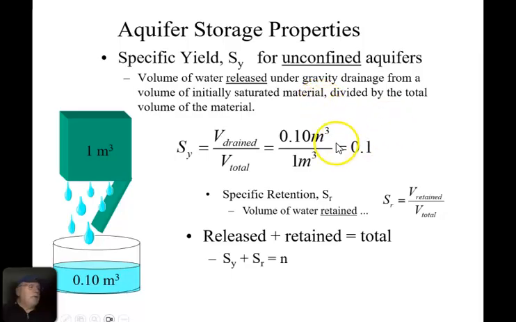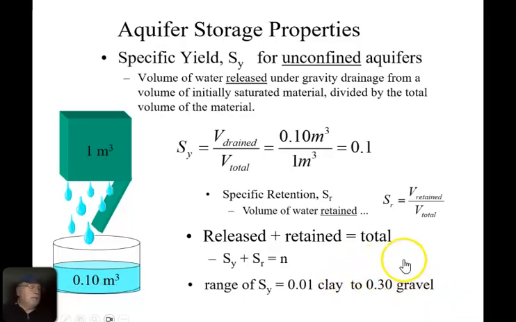We let it out, some of it drains out, in this case 0.1, and then some of it's left behind. So if the porosity is 0.3, for example, then the specific yield here would be 0.1, and the specific retention would be 0.2.